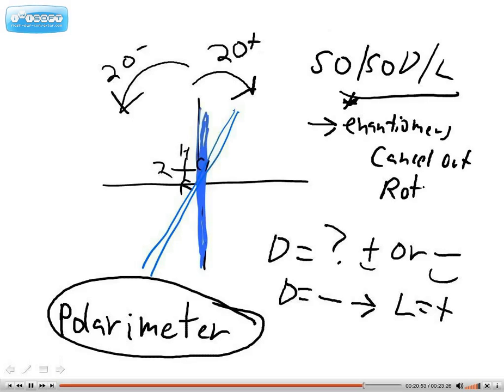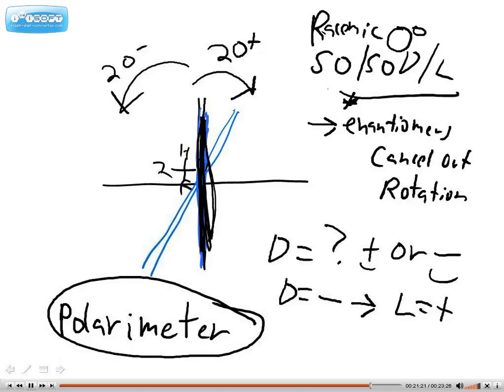As one enantiomer rotated in one direction, the opposite enantiomer would rotate the polarized light the opposite direction, so they would cancel each other out. It would show up as 0 degrees, and the plane of light would be straight up and down, no rotation. This is called a racemic mixture.